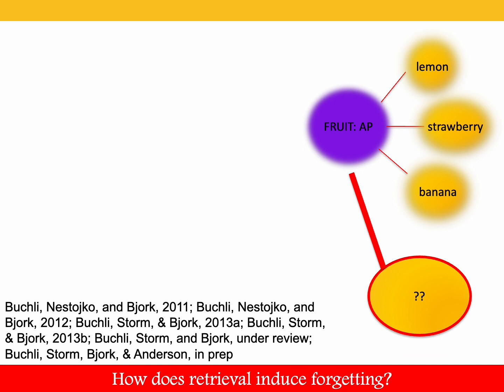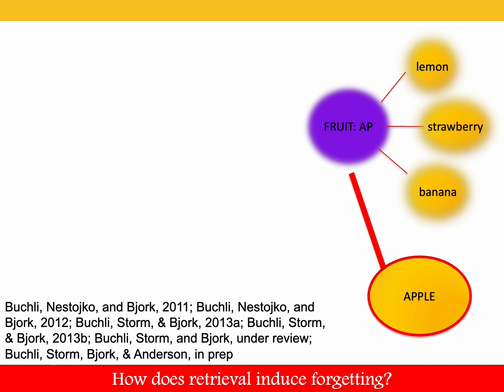So the way that memory retrieval is structured, in order to overcome the interference created by all of these different fruits, the competitors that we don't want, that are accessible or present in our memories, get selected against or suppressed to facilitate the correct recall of apple.